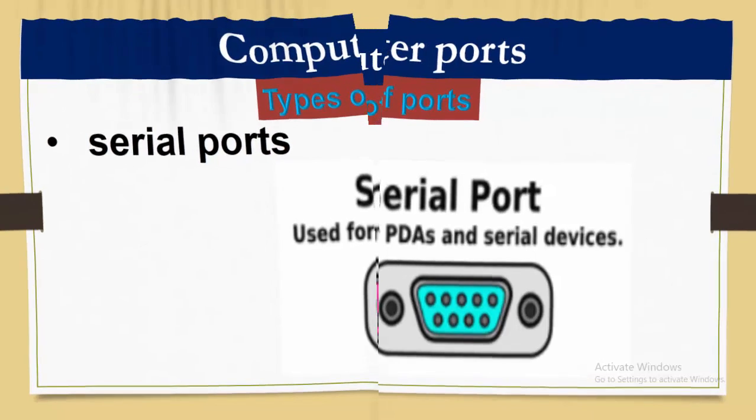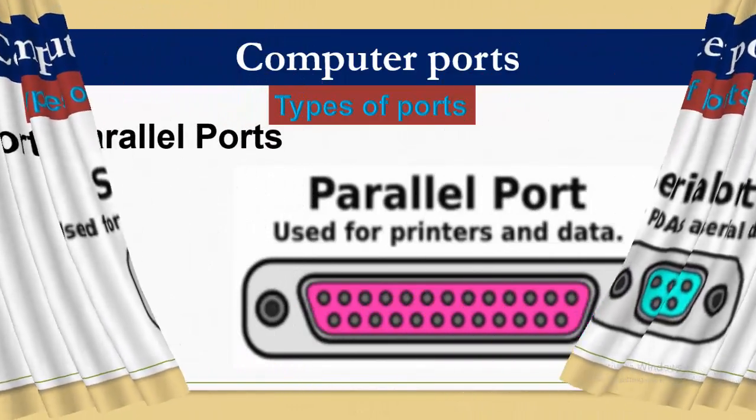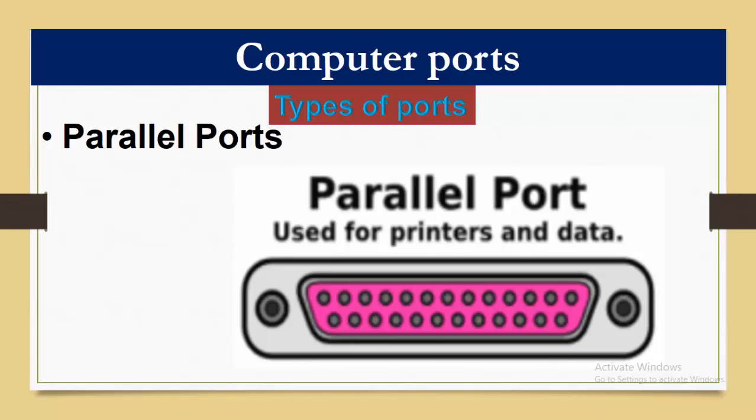Okay, let's go ahead. The next one, parallel ports. Parallel port, as you are seeing in the figure, is a parallel communication interface through which information transfers multiple bits at a time. The characteristics of parallel ports: these are used to connect peripherals such as a scanner or printer.